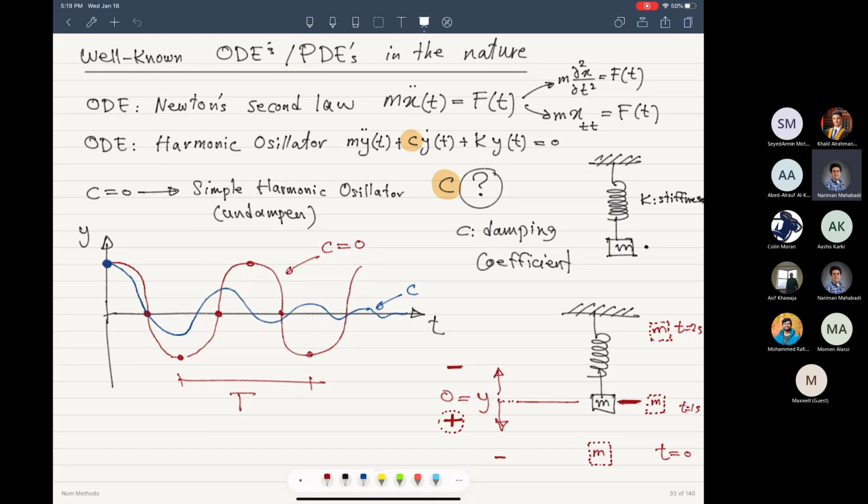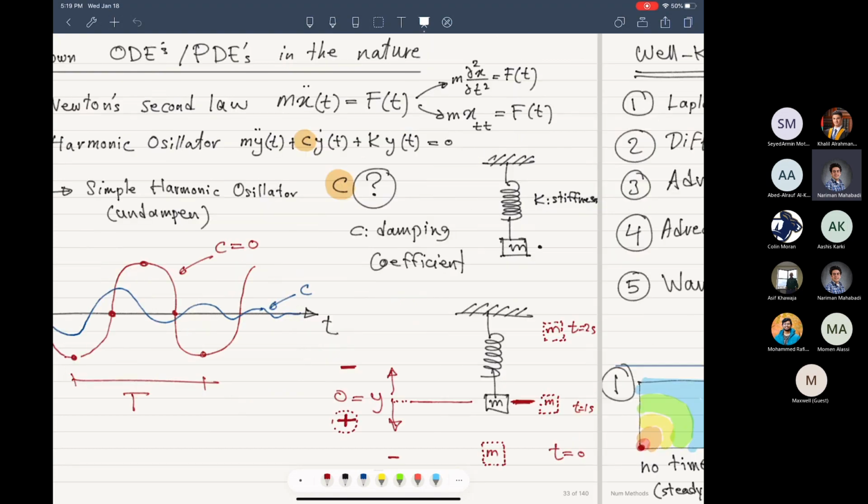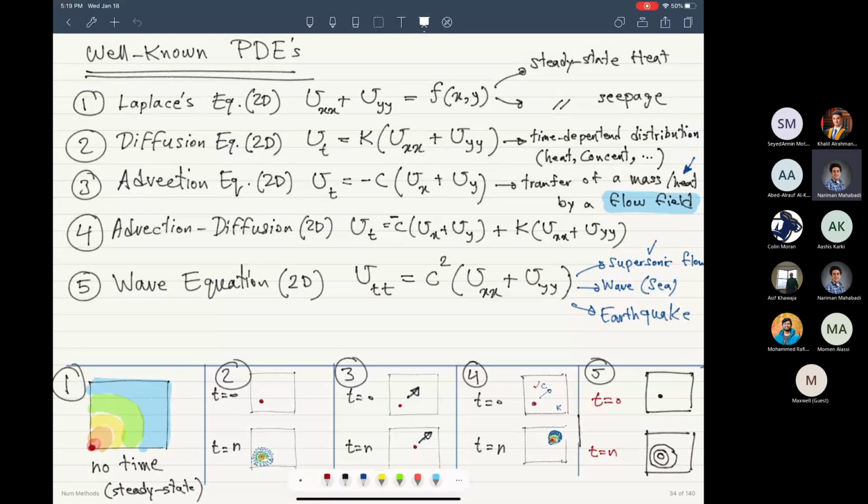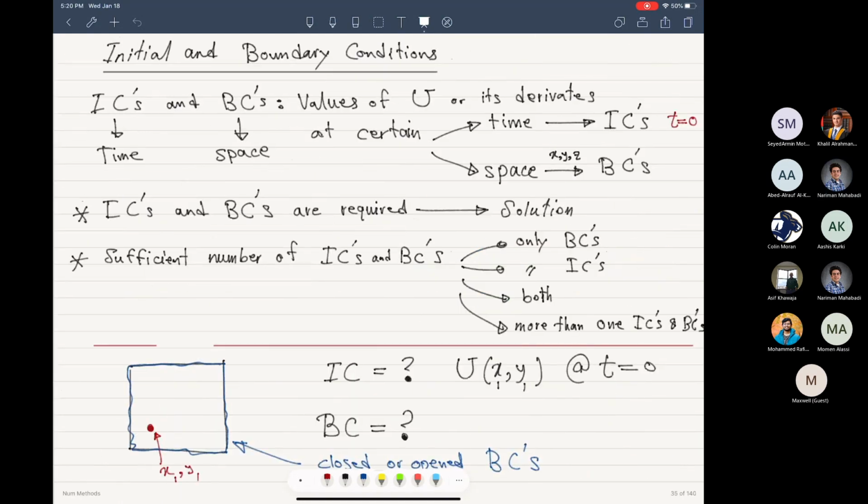We talked about this simple spring analogy, and these five basic equations of Laplace, diffusion, advection, diffusion, and wave equations. These are really the five that we will work on this semester, and you need to build upon these five equations to build your final project.